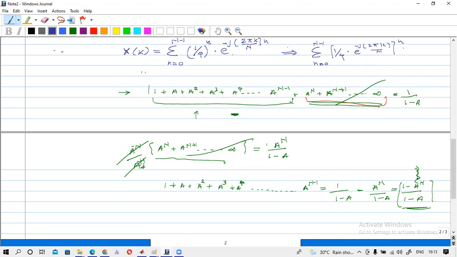If you expand this, you will get a^0 plus a^1 plus a^2, and this will be equal to a. So I can write this term using this result.